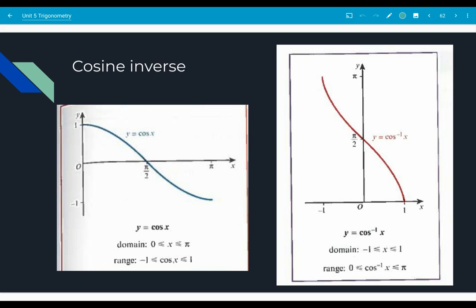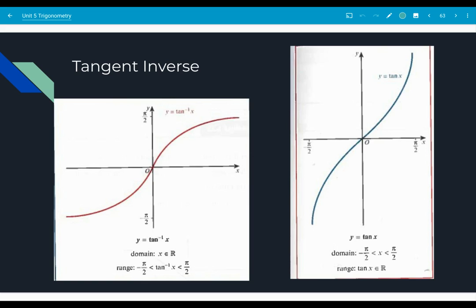It's very important that you understand this relationship so that when we go to solving, it'll make a little more sense. And tangent inverse is even weirder. I had to do it backwards on the page, sorry. This right here is tan of x, remember, because it has asymptotes at pi over 2. It does pass the horizontal line test as long as we keep it in between a set of asymptotes, and then we can take the tan inverse like we did on this side.